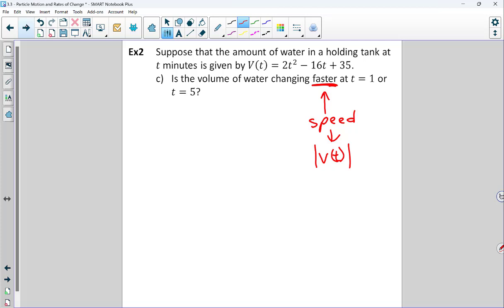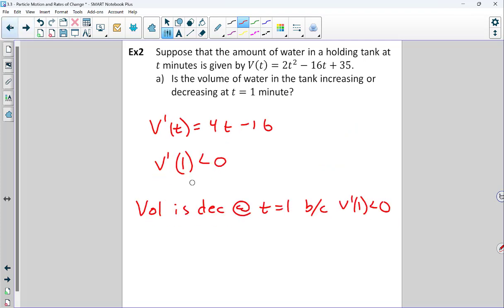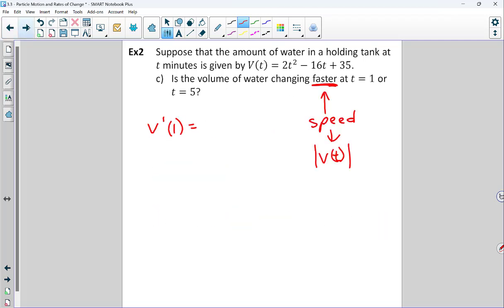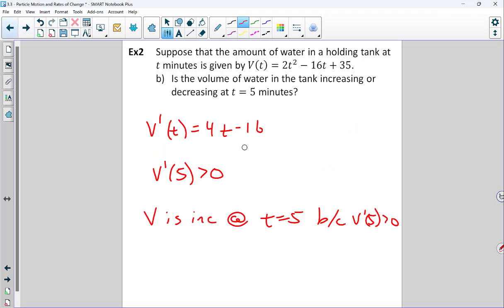So t equals 1 and t equals 5, those were the values from the previous two questions. So I know that V prime of 1, if I go back, I know it's negative, but now I actually care that it was -12. And V prime of 5 was 4.